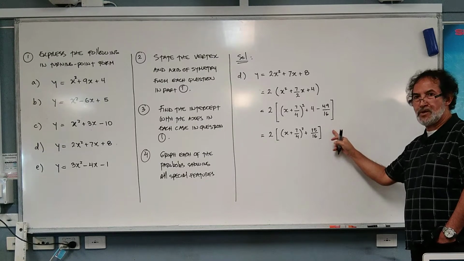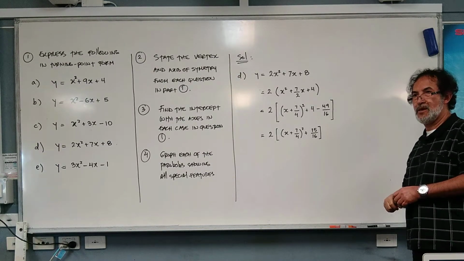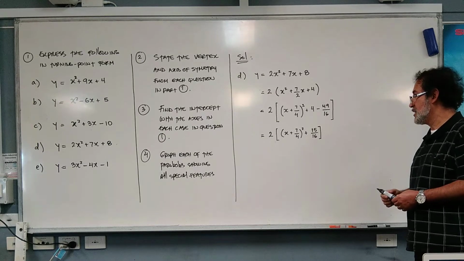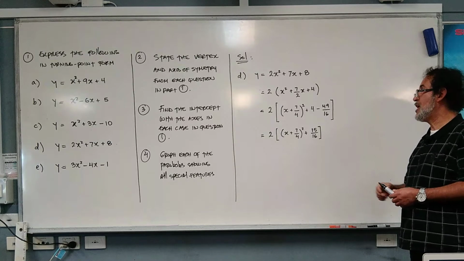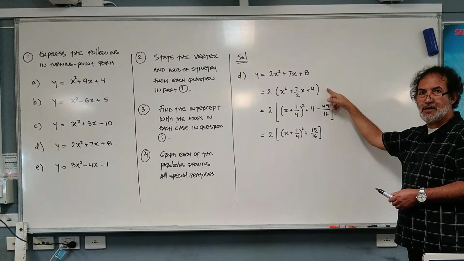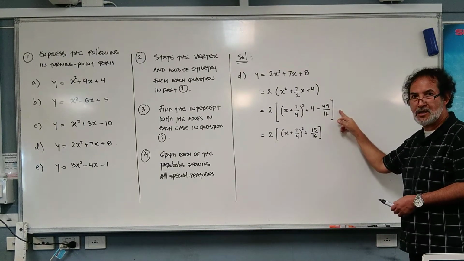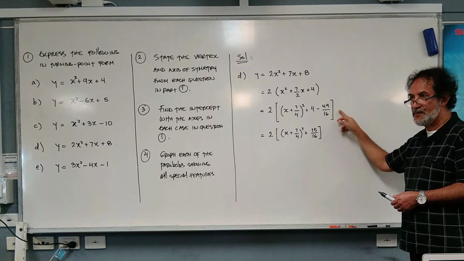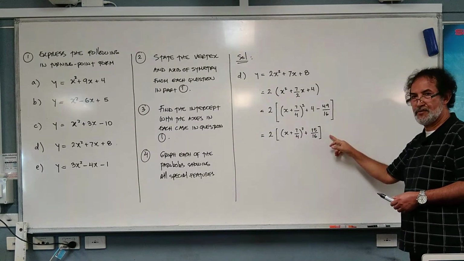Okay, so I'm going to stop there for a few seconds so you can see what we've done. Do you have any questions? Do you know how we went from this line to the second one? Yes. Do you know how we went from this to here? Yes? And then do you know how we went from here to here?